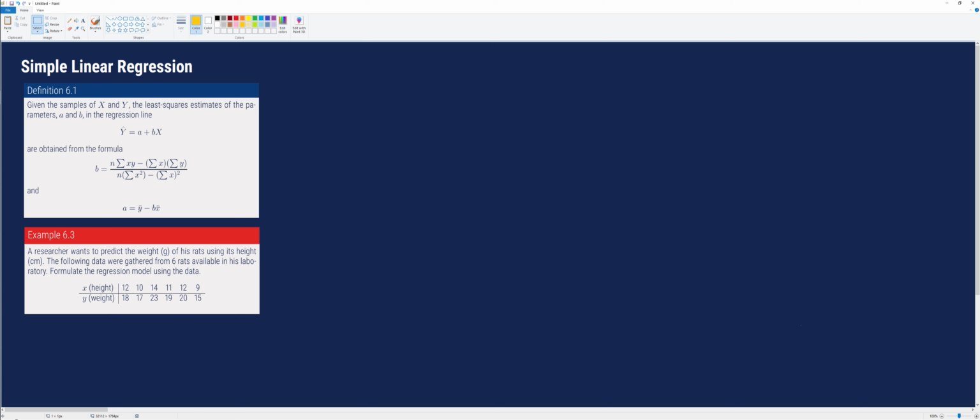And a is equal to the sample mean of y minus b times the sample mean of x.